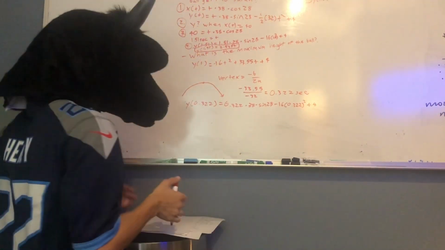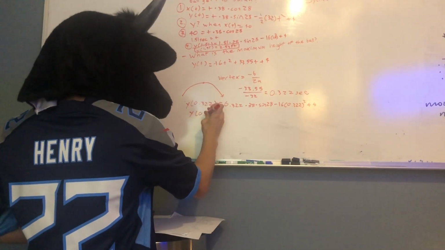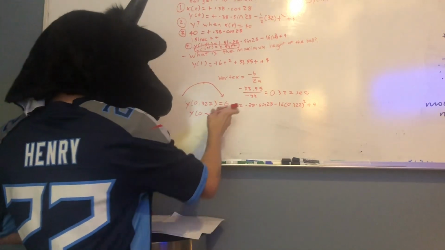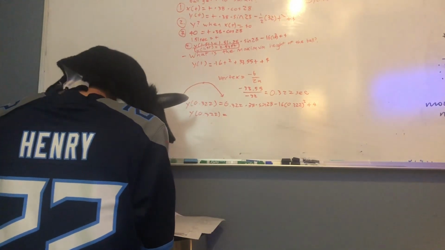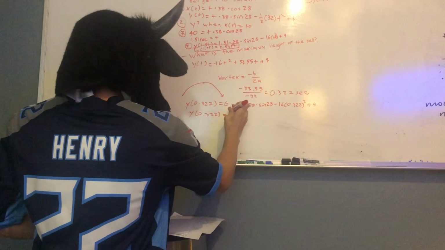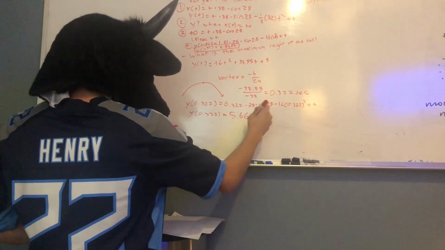And I'll save you guys the time. I've already punched that in my calculator. And for your height, at the time where the ball is at its highest, the vertical distance is 5.66 feet. And that's how you solve that one.